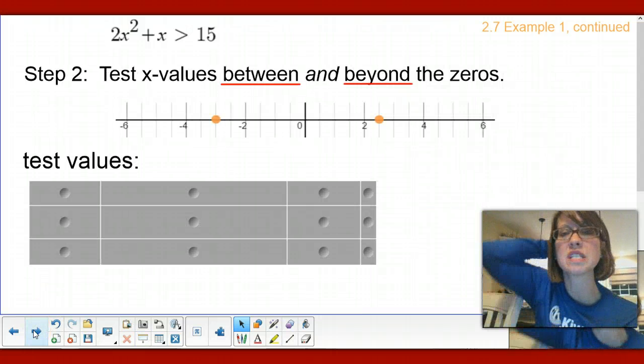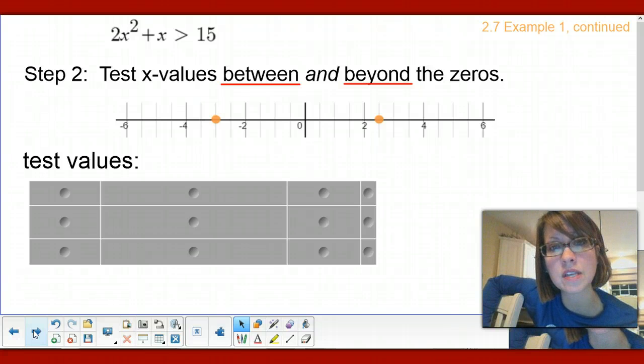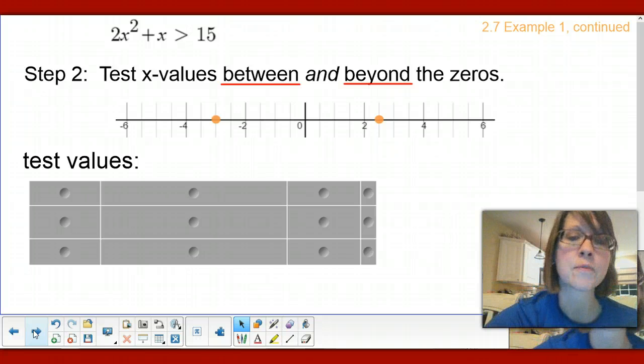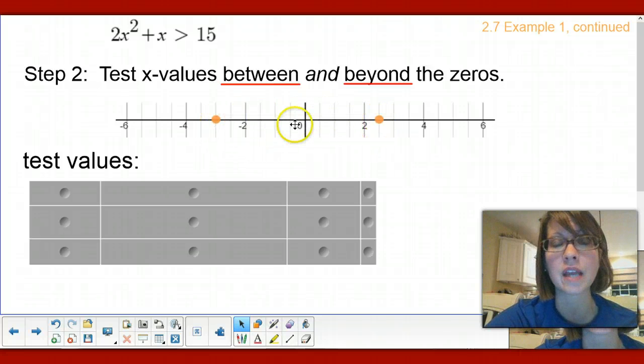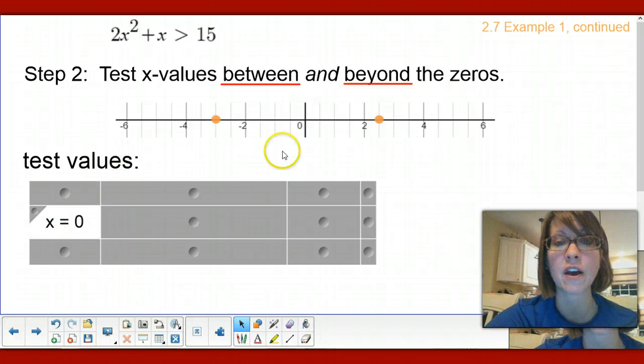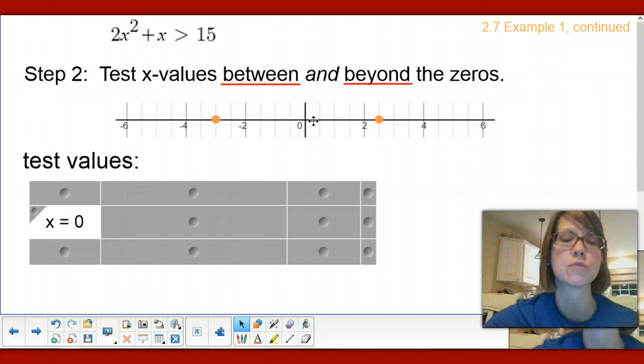So step 1 is find the zeros. Step 2, we're going to test values between the zeros and beyond the zeros. Here's what I mean. We need to pick an x value that lies somewhere between, in this case, negative 3 and 2.5. Whenever I can pick an x value of 0, I do, followed closely by 1. Those are my favorite substitutes.